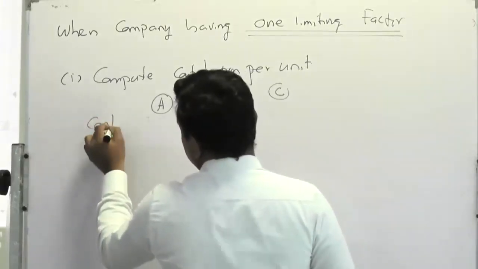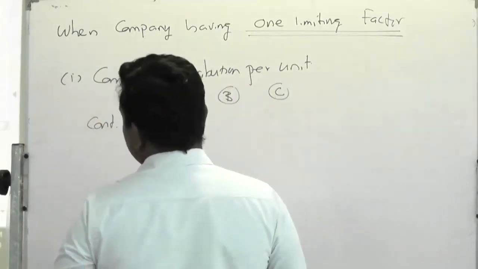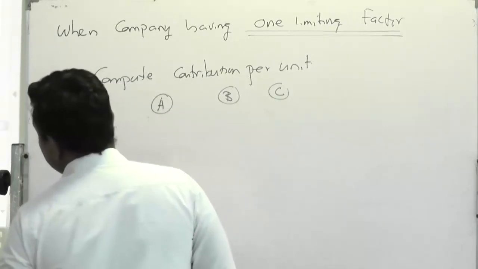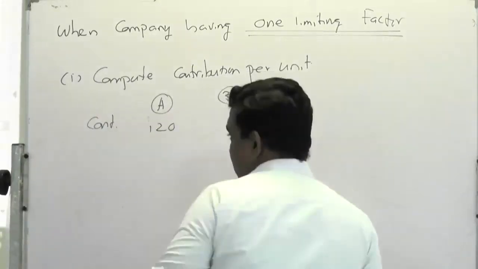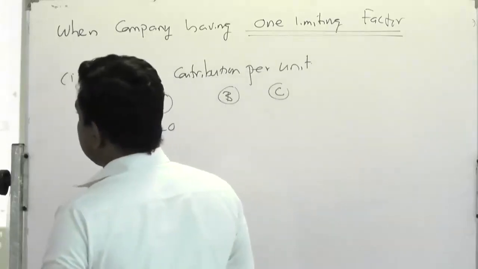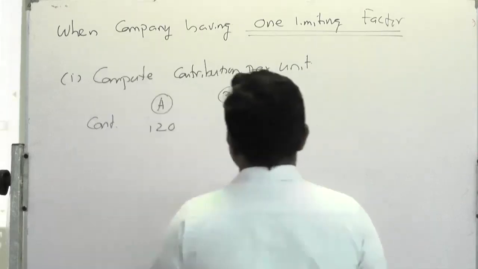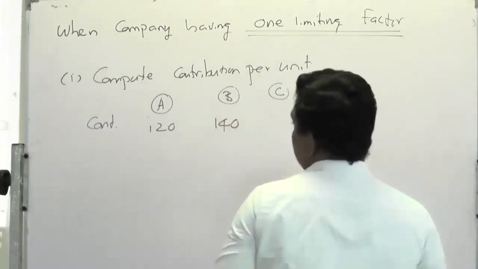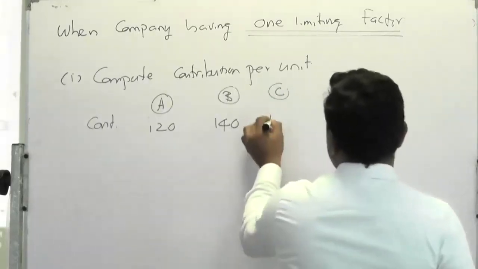You can easily take the contribution since the sales price and variable cost are given. If you refer to product A, your contribution will be 120 per unit. For product B, your contribution will be 140. If you take product C, contribution will be 140.